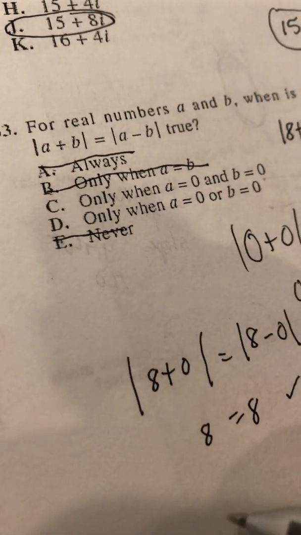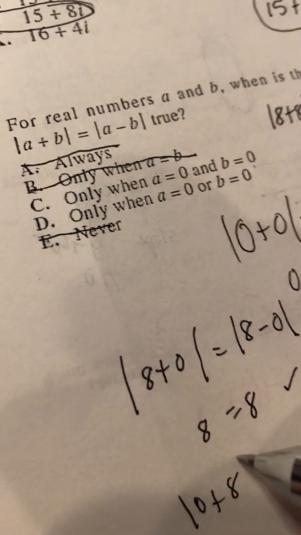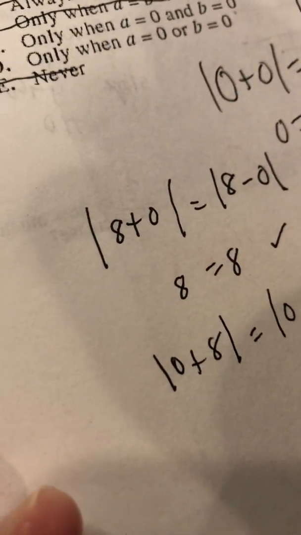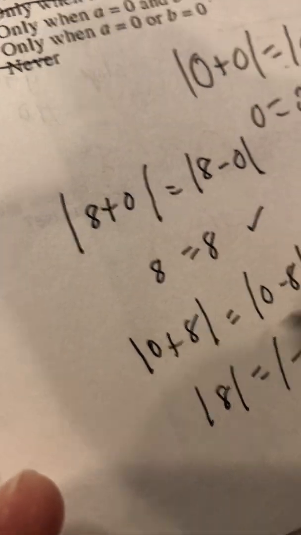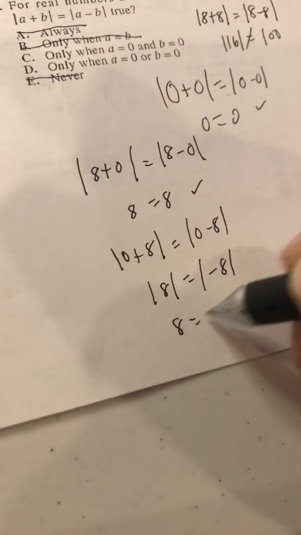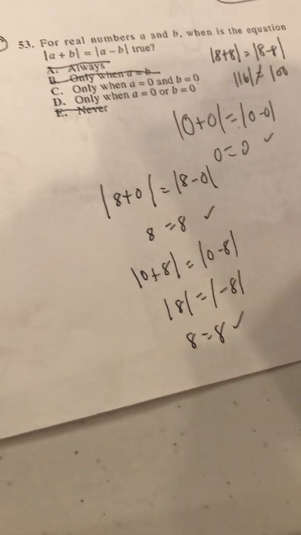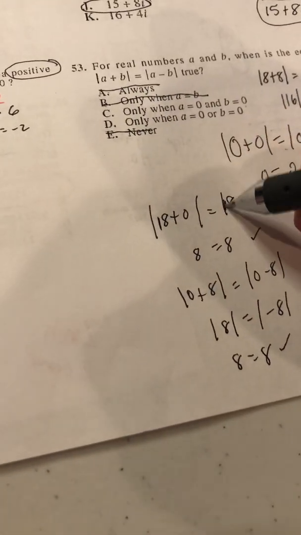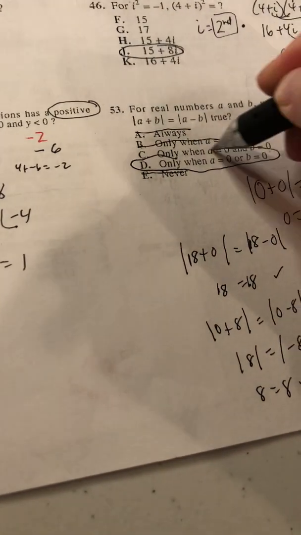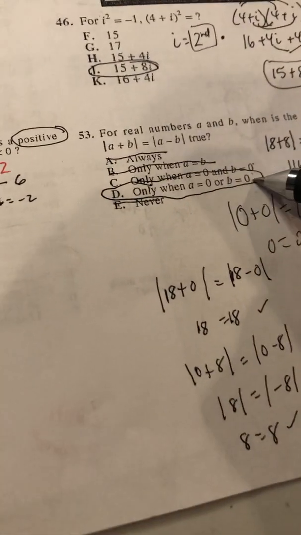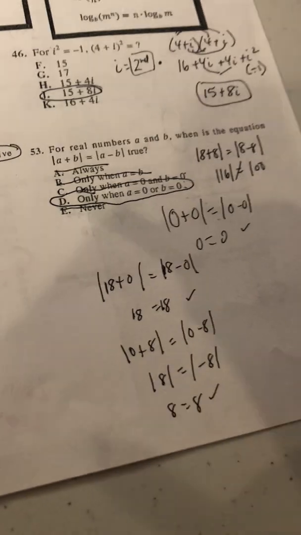That works. Let's try it the other way. 0 plus 8, 0 minus 8. That's 8 and negative 8, but the absolute value means it's still 8. So what's amazing is I could change that to 18 and it would still work. So this is the least restrictive. Although C works, it's more restrictive than D. Okay.